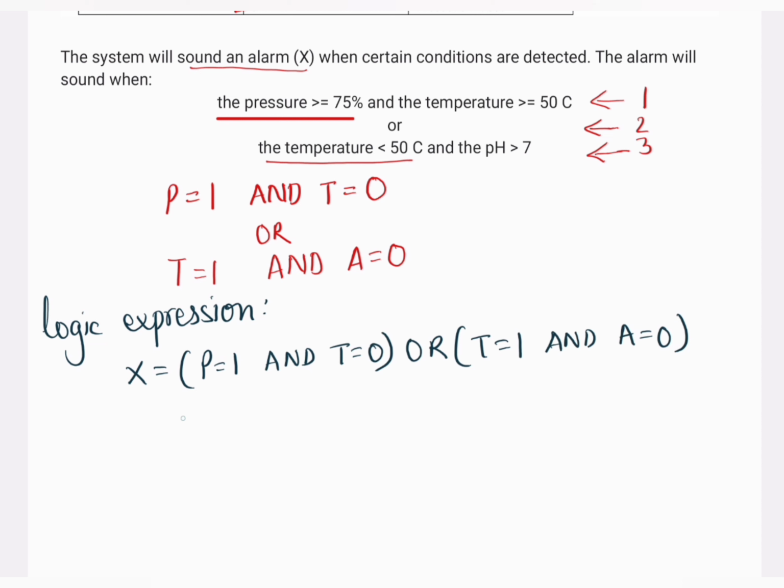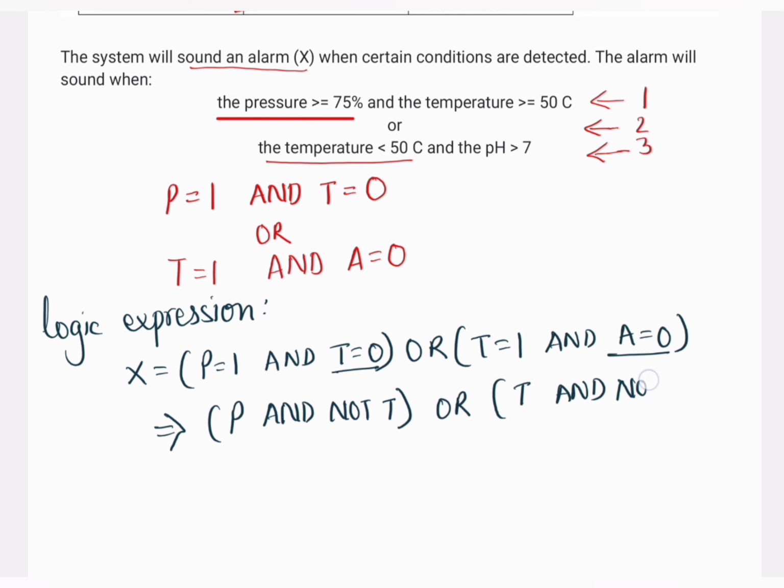Now let's put this together, which is equivalent to P is equal to 1 remains P. The AND gate remains AND. T is equal to 0 becomes NOT T. Or T is equal to 1 remains as T and A equals to 0 becomes NOT A.